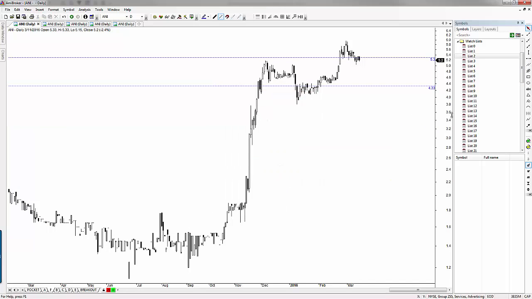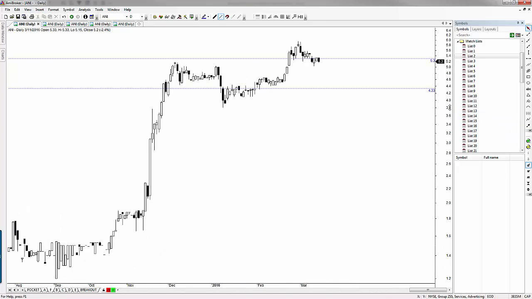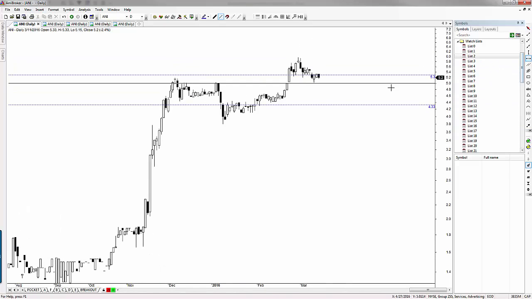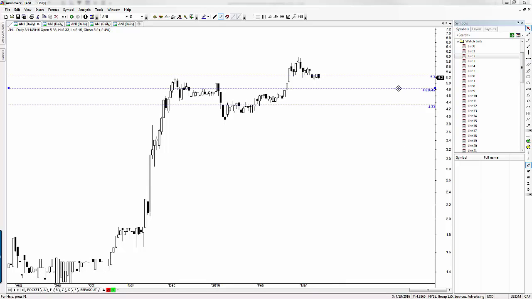So the statement here is that anything above 530 is an overshoot. The closest known support below 530 is around 483. The last known support below 483 is at 433.